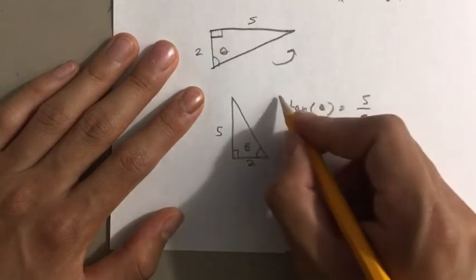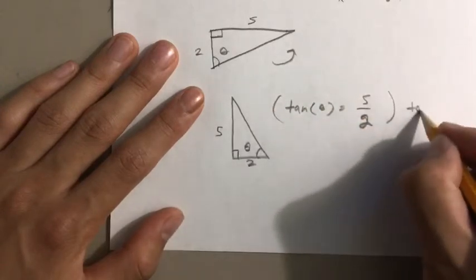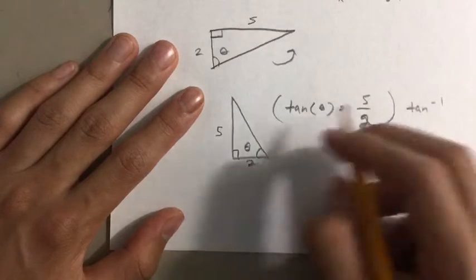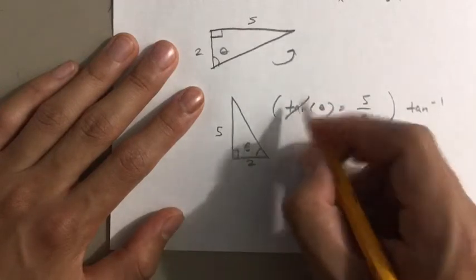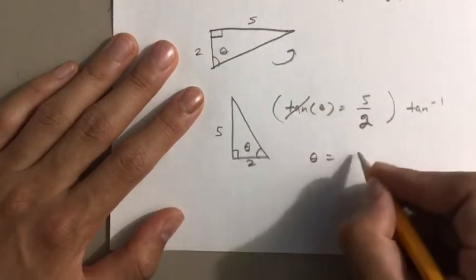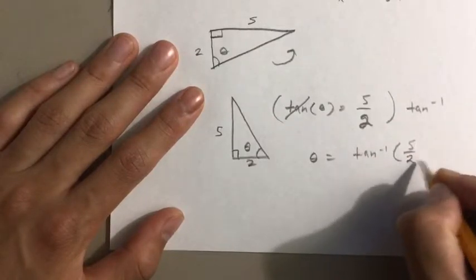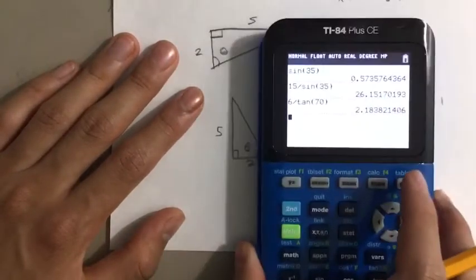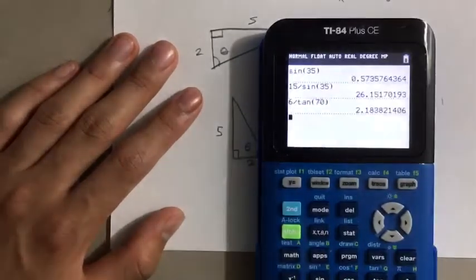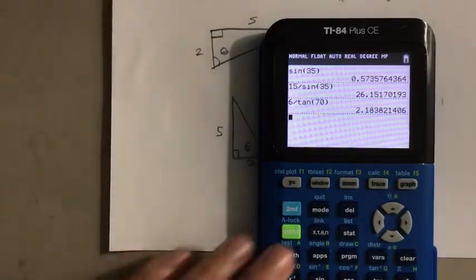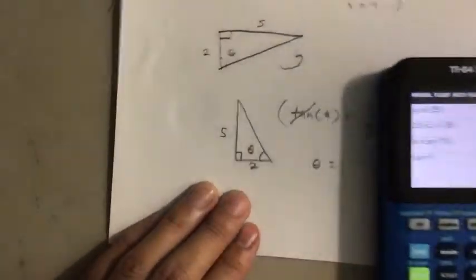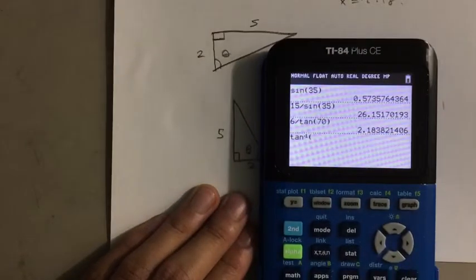So, what we've got to do is take the inverse tangent of each side. And that'll just cross out the tangent, so we're left with theta equals tan inverse of 5/2. And all you've got to do is go in your calculator here. I'm going to focus on the calculator now. And I'm going to say inverse tan of 5/2.